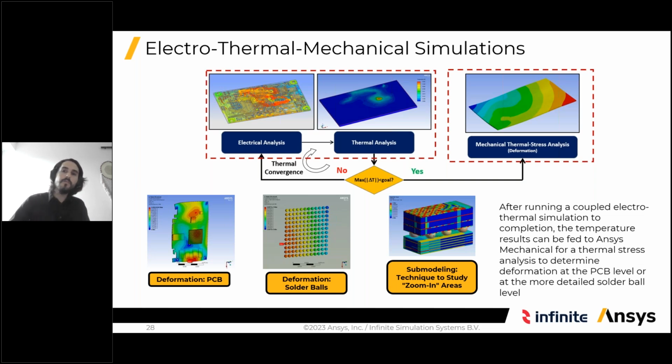We can even see the effect of the heat to the solder balls of the board. So as you can see, IcePack with its coupling, we can have a fully electronic, thermal, and mechanical simulation of our whole entire system. So we can be very sure what to expect.